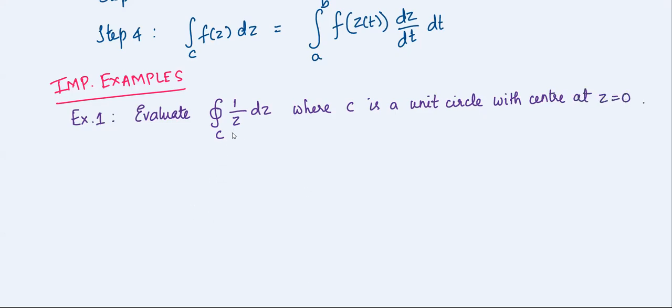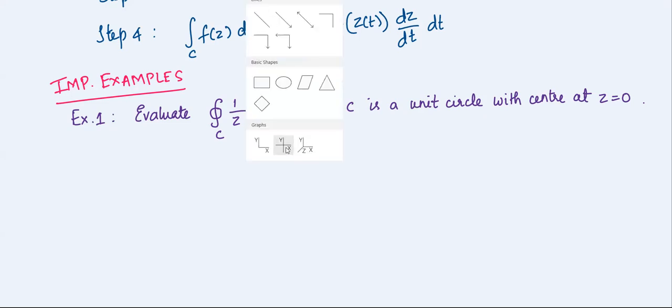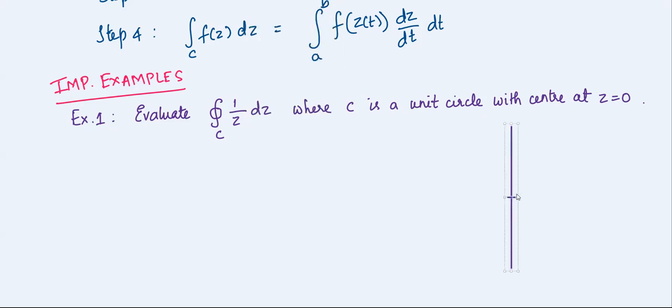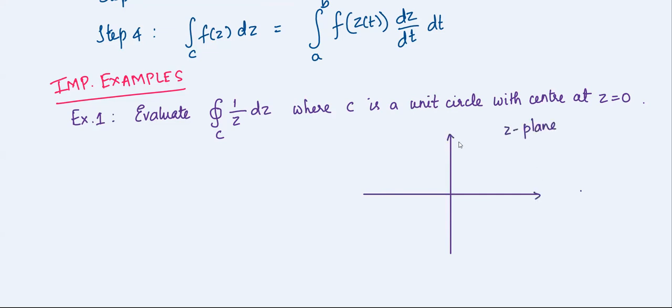So remember that at z equal to 0, this function is not defined. The function is not analytic. Now we have to evaluate this. So this is the z plane. I'm not talking about the 1 by z w plane.